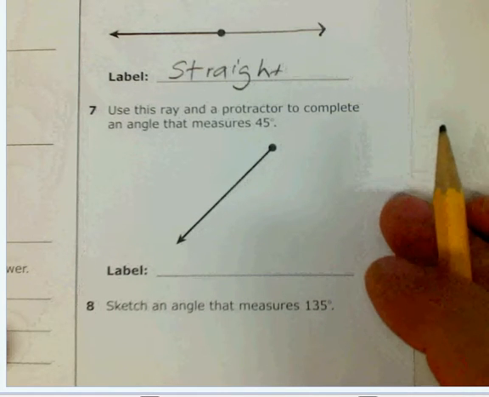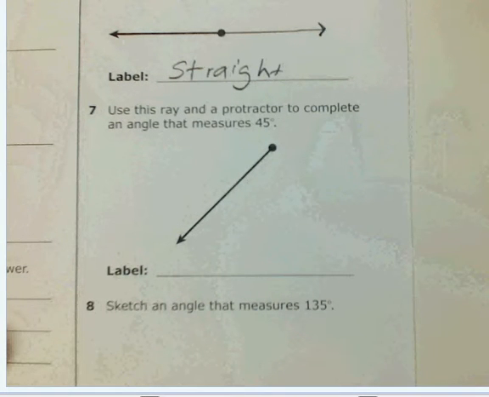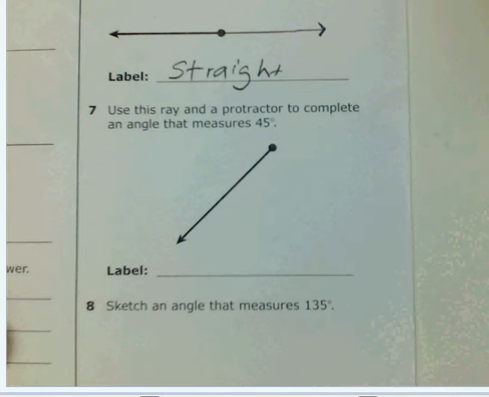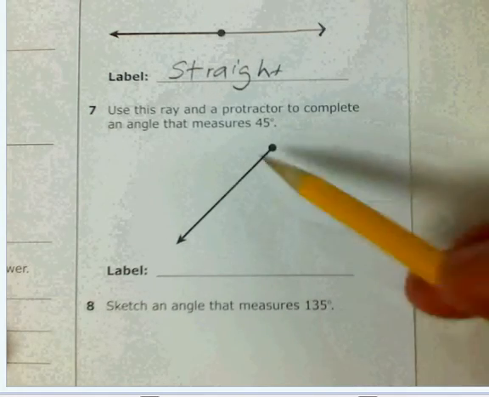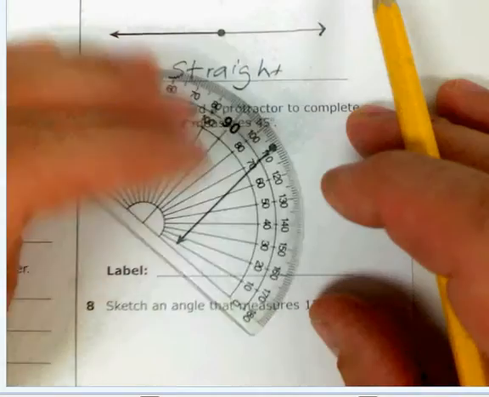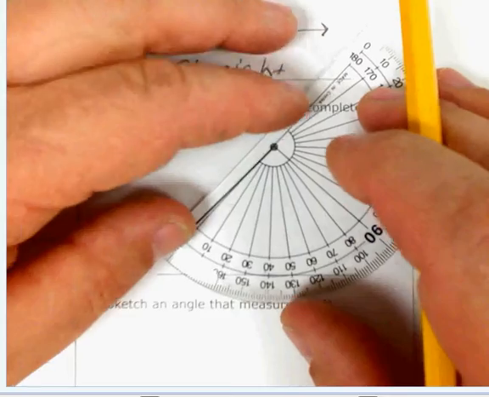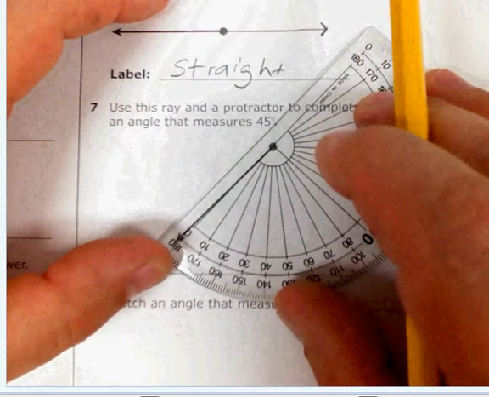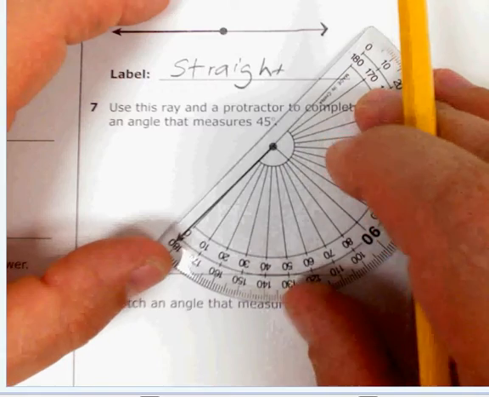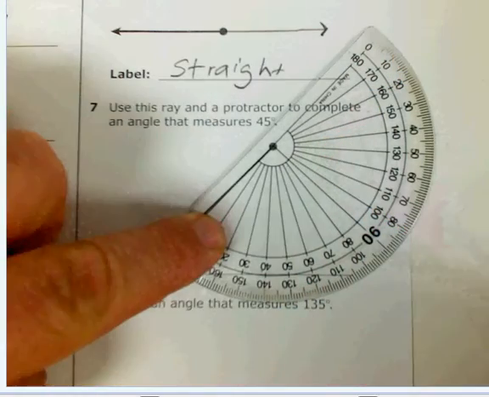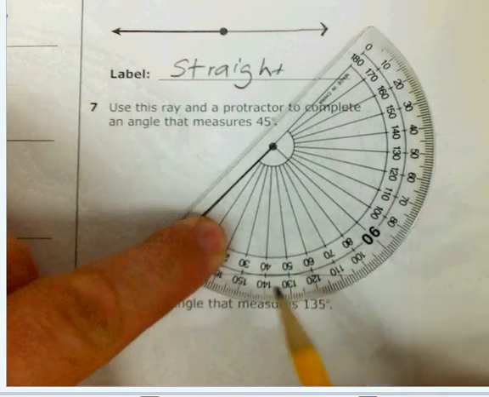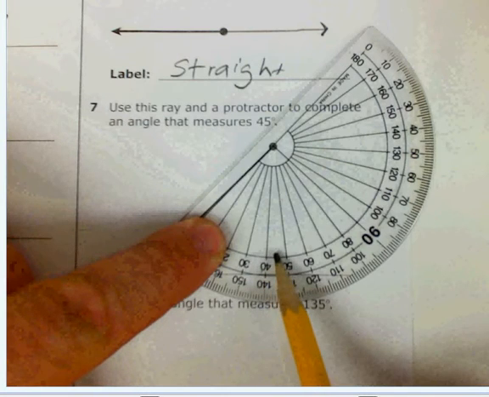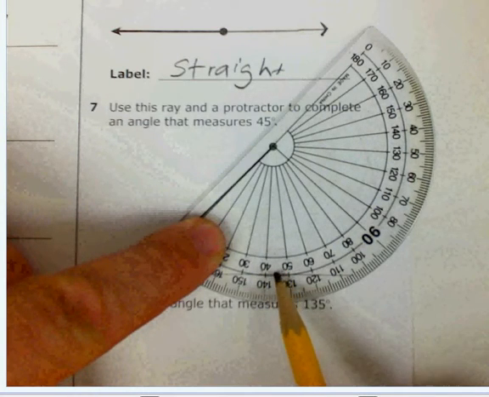Question number 7. Use this ray and a protractor to complete an angle that measures 45 degrees. So it's going to measure 45 degrees. And it's giving me space down this way, so I think I'm going to turn my protractor like this. I'm going to line it up. And I know it's an acute angle, so 45 degrees is actually going to fall right in between the 40 and 50.